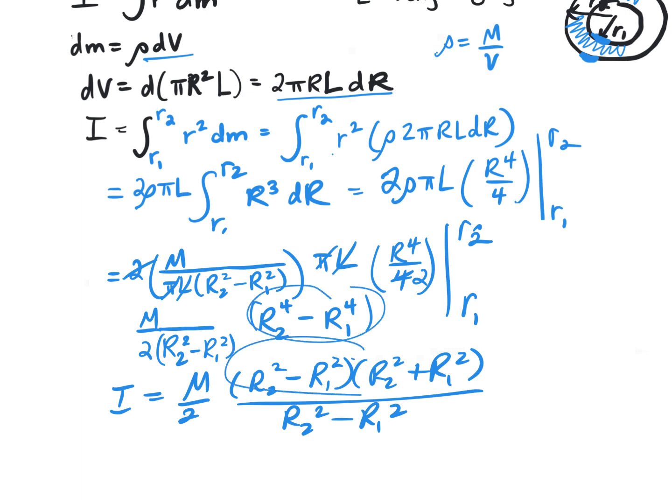And now look what happens. That goes away. So this becomes 1/2 m times r sub 2 squared plus r sub 1 squared.